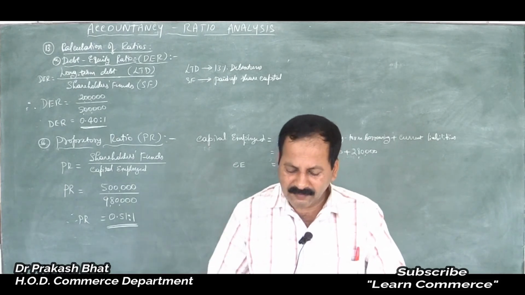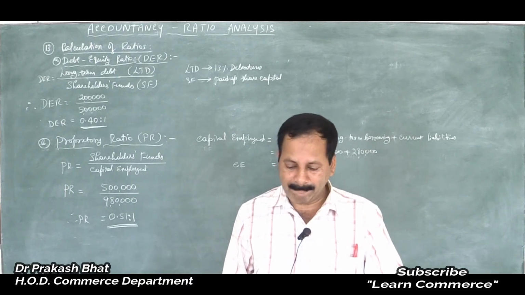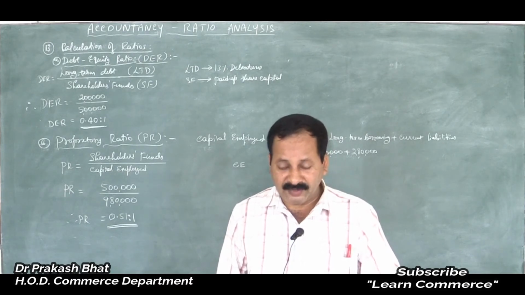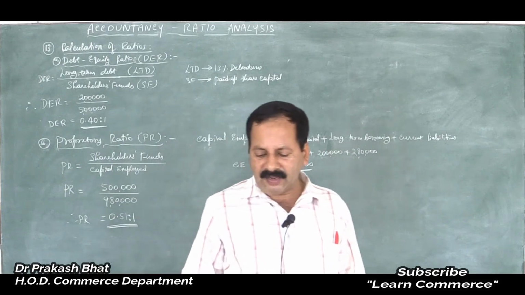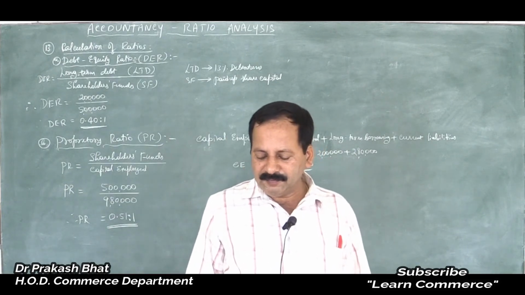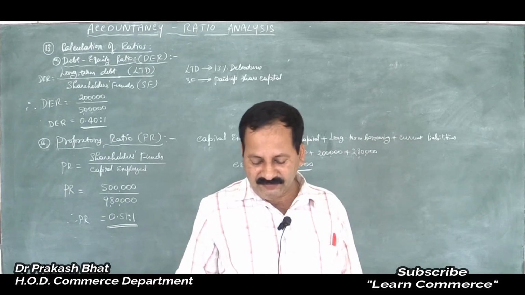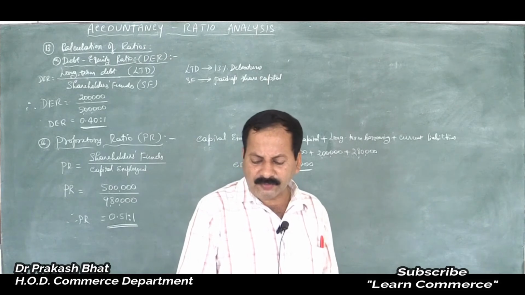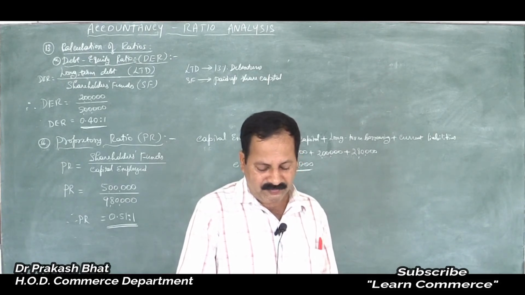I'll read out the problem. In the meantime, we will analyze and then we will solve it. Problem number 14, page number 124. Following information is given by a company from its books of accounts as on March 31st, 2018. Calculate debt equity ratio, interest coverage ratio and debt to capital employed ratio.